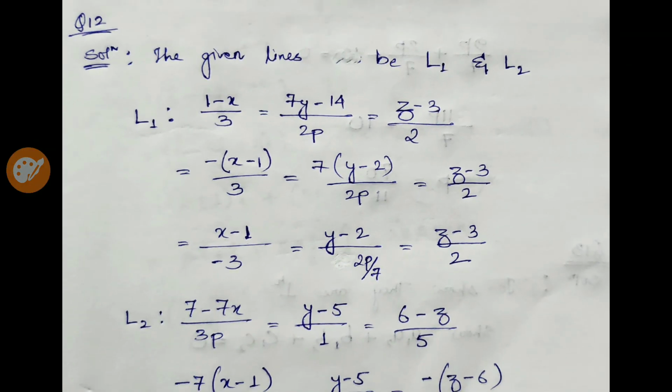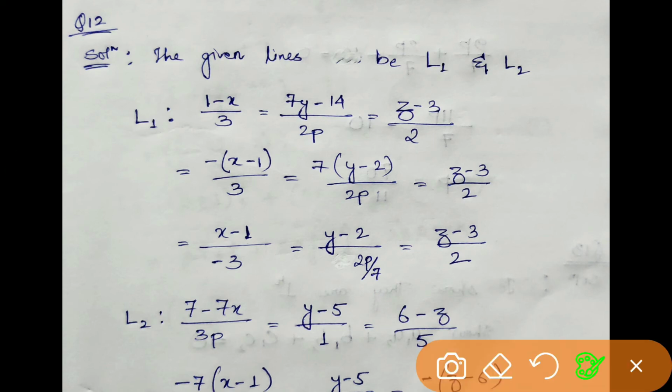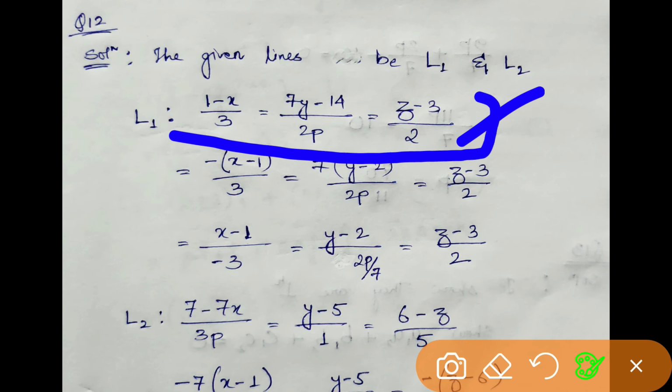Now this is an interesting question. The question says find the value of p so that these lines are at right angle. If they are at right angle, the angle between them is 90°. L1 is given to us like this. Our standard form of a line is always x minus x1 by a1 equals y minus y1 by b1 equals z minus z1 by c1. But here there is something else.